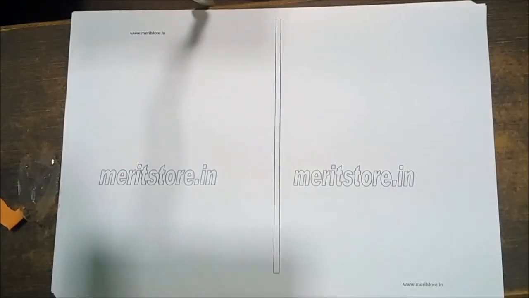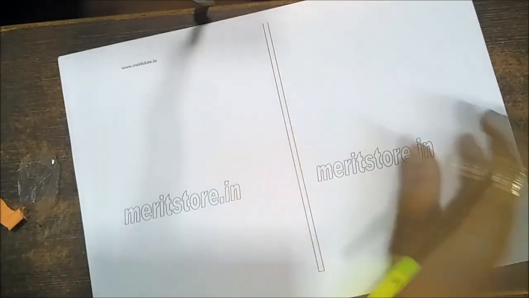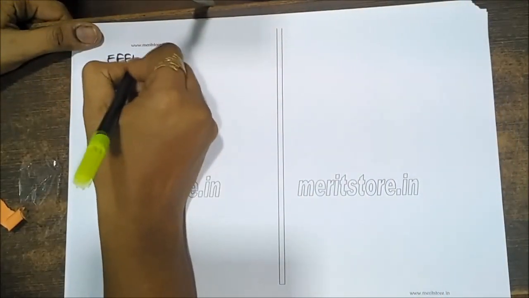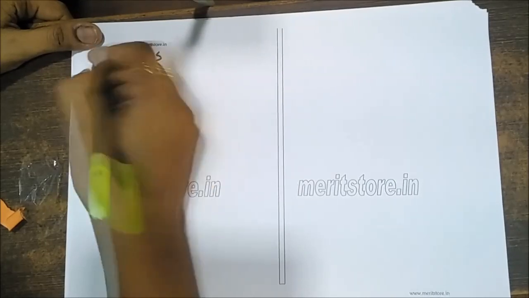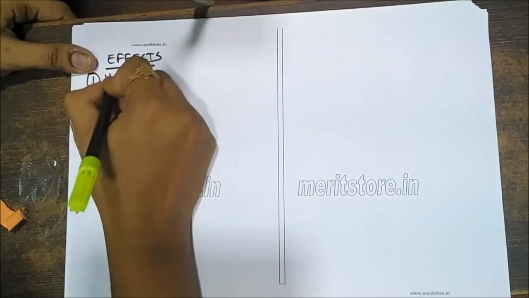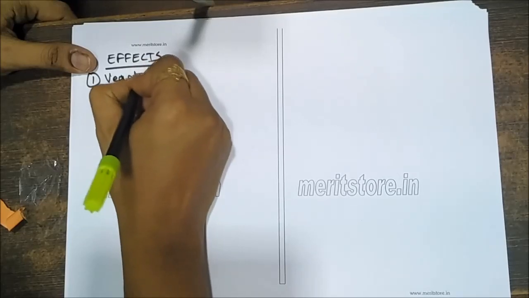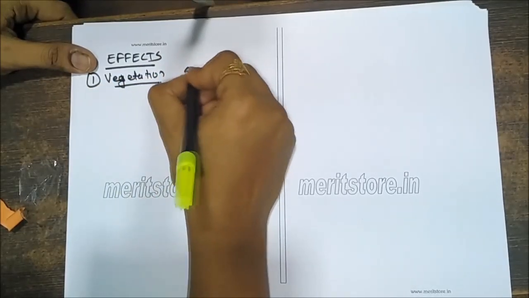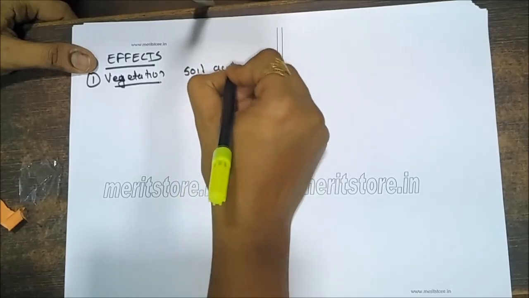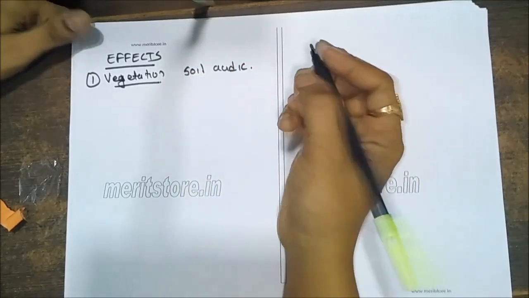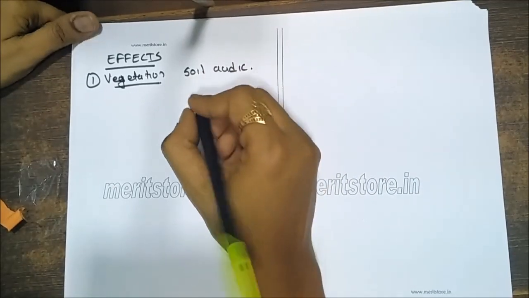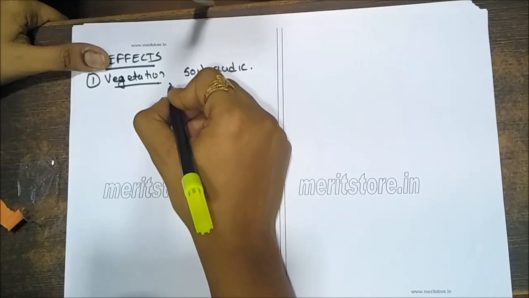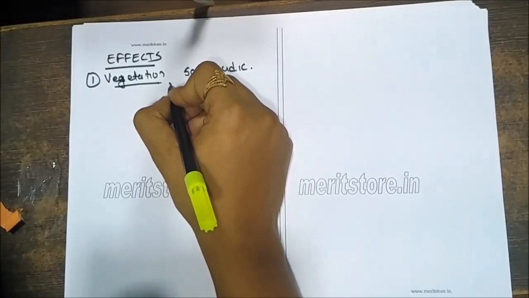Now let's study the effects of acid rain. The first effect, we said it would affect vegetation. Okay, so it will make the soil acidic. Then it would cause acidic ions. Now what would be the acidic ions from sulfuric acid?